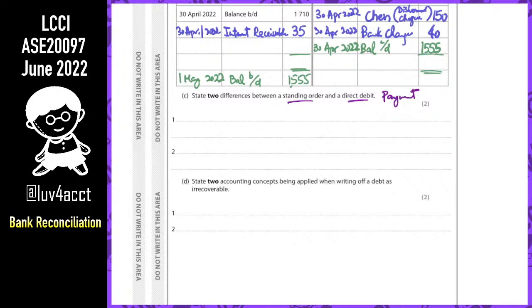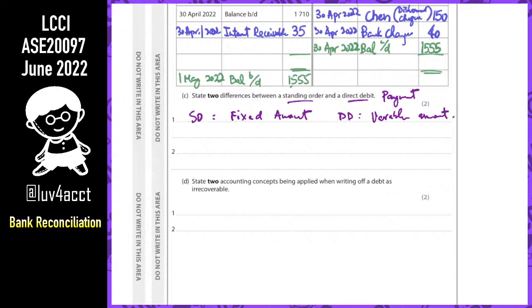Usually a standing order is of fixed amount, and a direct debit, variable amount. Just like you pay your electricity bill, it is different every month, but when you pay your insurance bill, it is fixed. So standing order, insurance; electricity bill, direct debit.